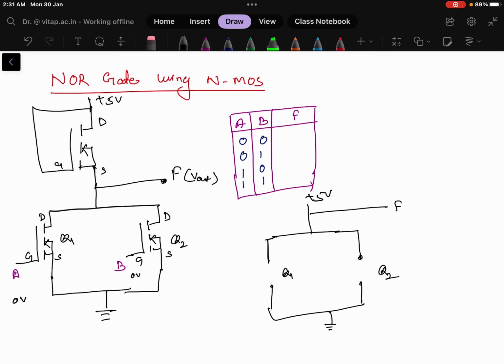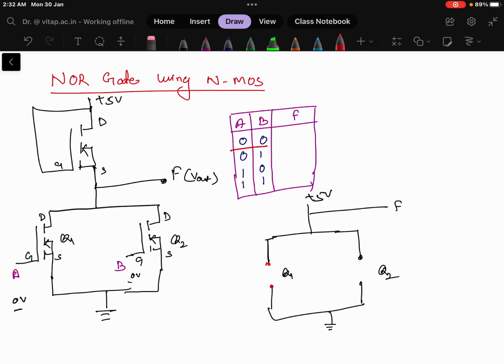In the first case, if 0 volt is given, what will happen to Q1? Gate voltage is 0, that means the channel is not created. So drain to source current will not be there and it will behave as an open circuit. Now what will happen to input B? For 0 0 the input B is also 0.